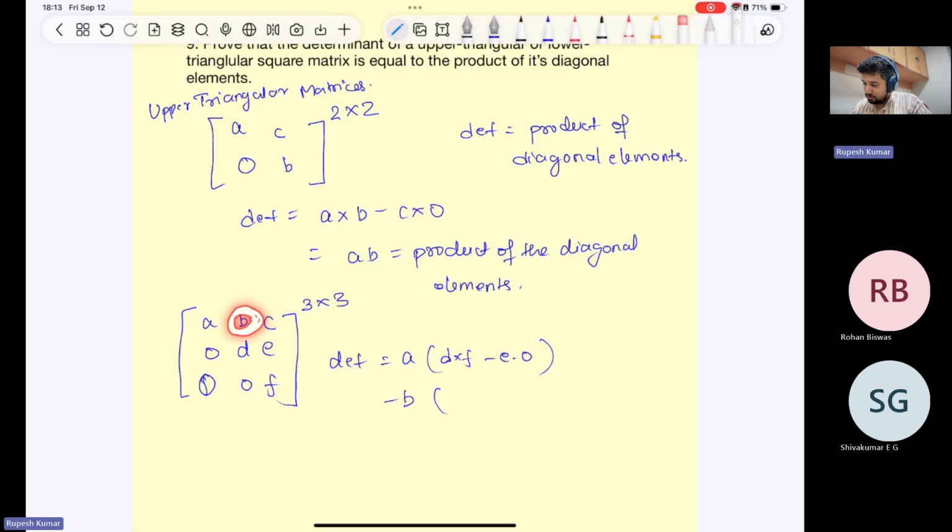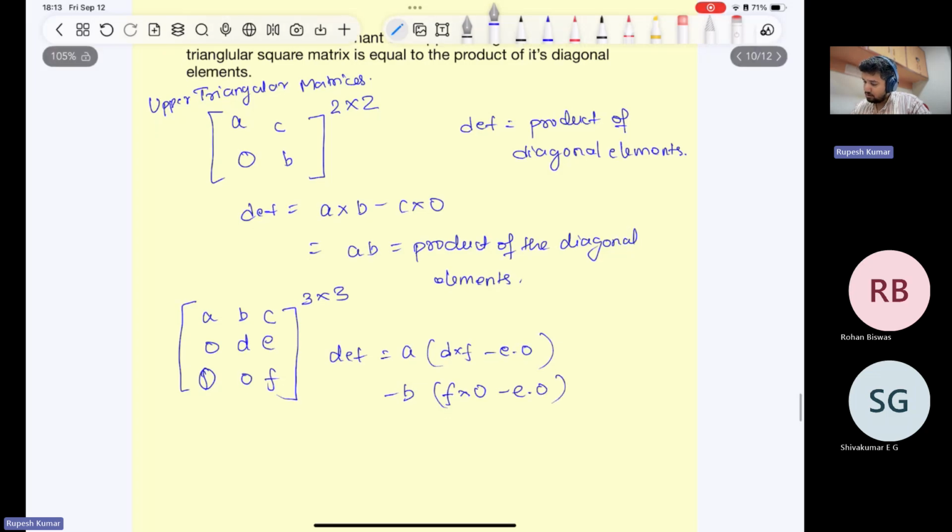Do you know the minor matrix of B, which is essentially a matrix containing these two columns? So the determinant is F into 0 minus E into 0, right?